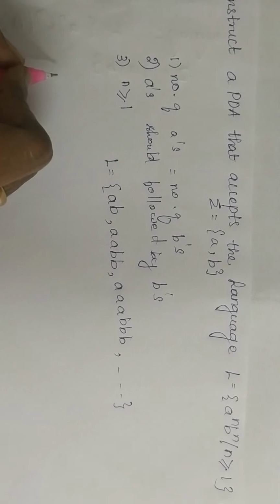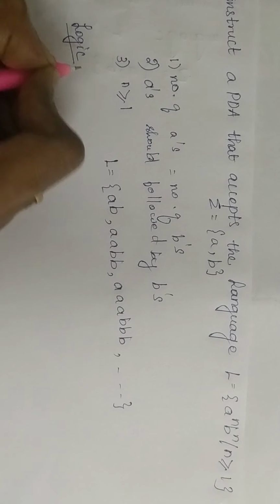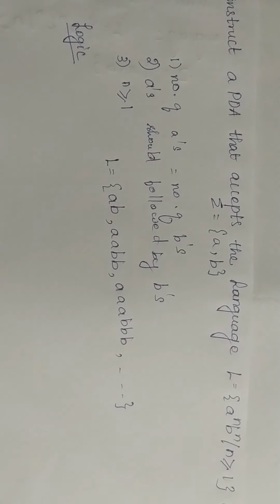Then we have to develop the logic of the push-down automaton for this particular problem. In our question, we have the logic A power n, B power n. So we develop the logic like this: whenever we get an A, we push it into the stack, and whenever we get a B, we pop it out from the stack.